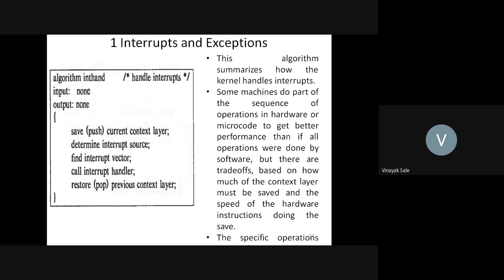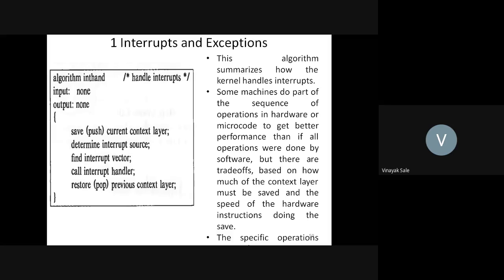So this is the algorithm for the interrupt handler. Algorithm inthand, input is none, output is none. The process is: save the current context layer, determine the interrupt source, find the interrupt vector, call the interrupt handler, and restore the previous context layer. This algorithm summarizes how the kernel handles interrupts.